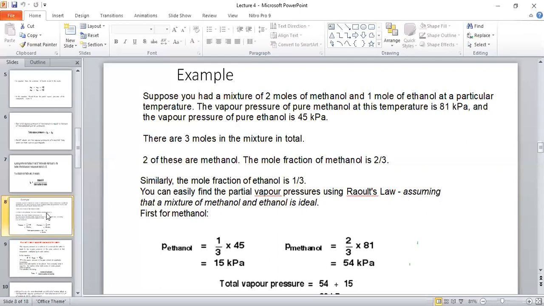So P ethanol is the partial vapor pressure of ethanol, which is equal to 1/3, the mole fraction of ethanol, multiplied by the vapor pressure of ethanol as a pure liquid when it's not mixed. With that, you get the partial pressure of ethanol as 15 kilopascals.